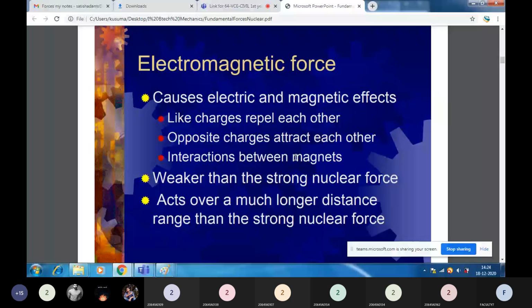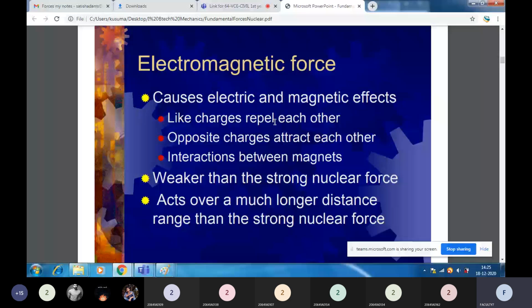If you take two same poles, suppose two south poles, between them there will be a repulsive force. So the common point is that the electromagnetic force might be attractive or repulsive, depending on the case of application.